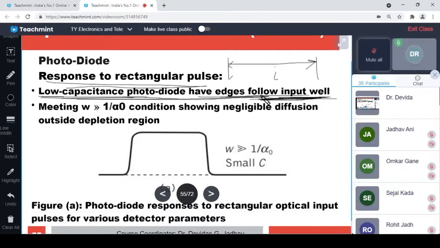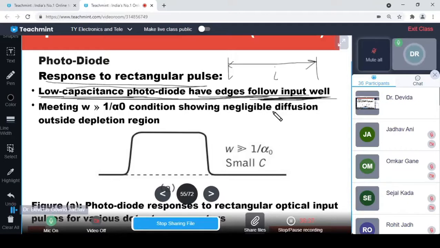Capacitance modifies the edges. Now, meeting the criteria W very large than 1 upon alpha 0, this condition is met, showing negligible diffusion outside the depletion region.